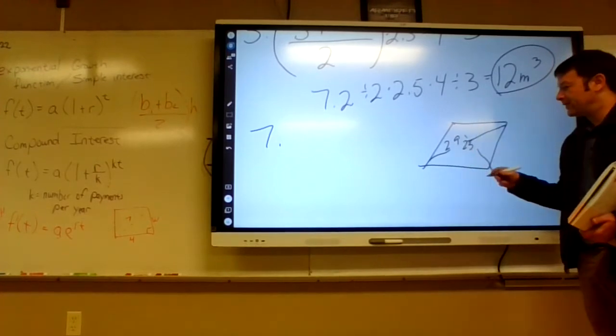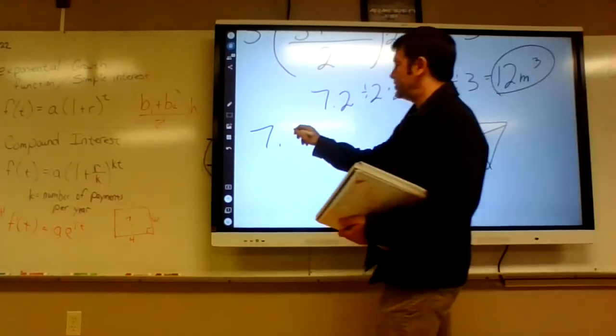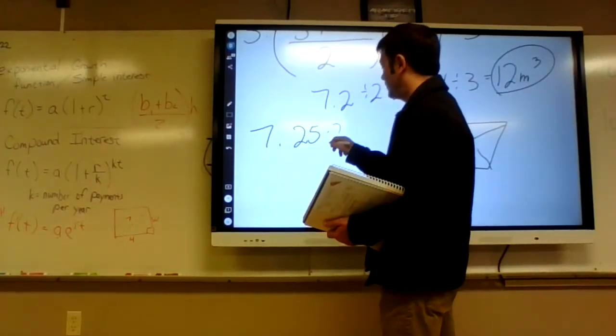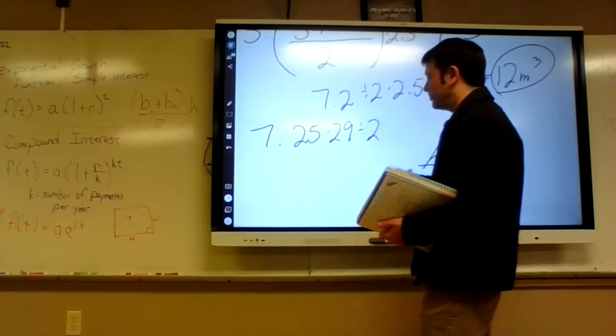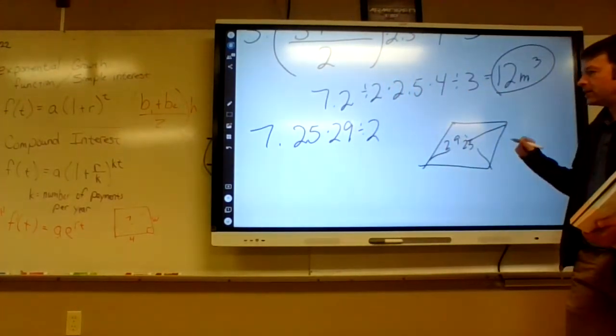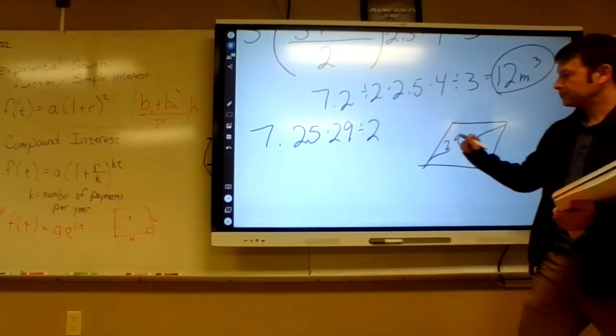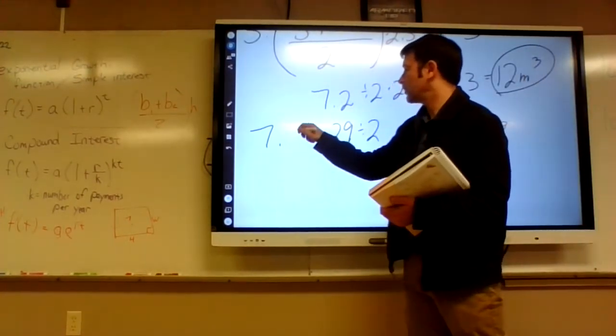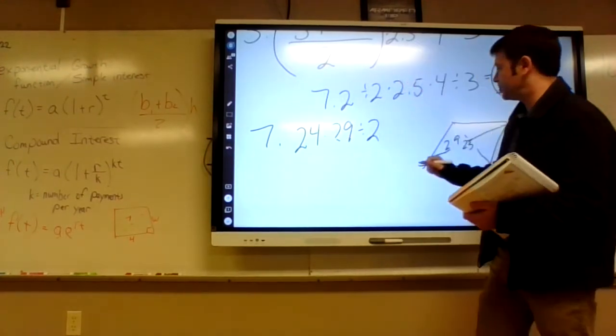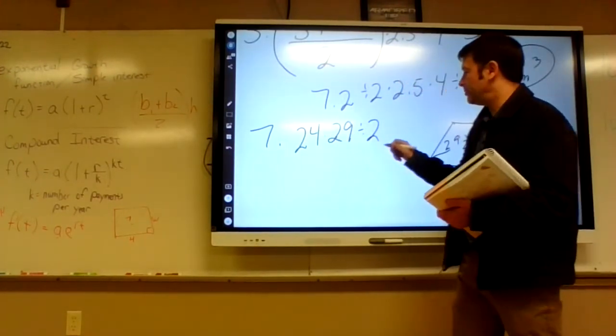Diagonal times diagonal divided by 2. So the area of the base, 25 times 29 divided by 2. Okay. Oh, it's 24. Times 29 divided by 2.